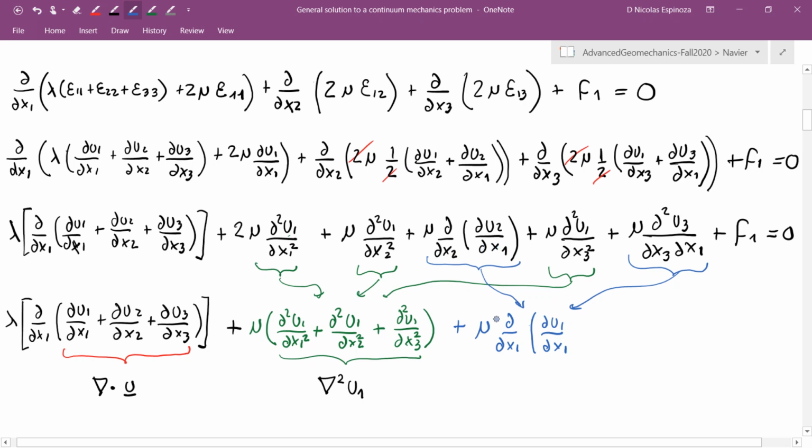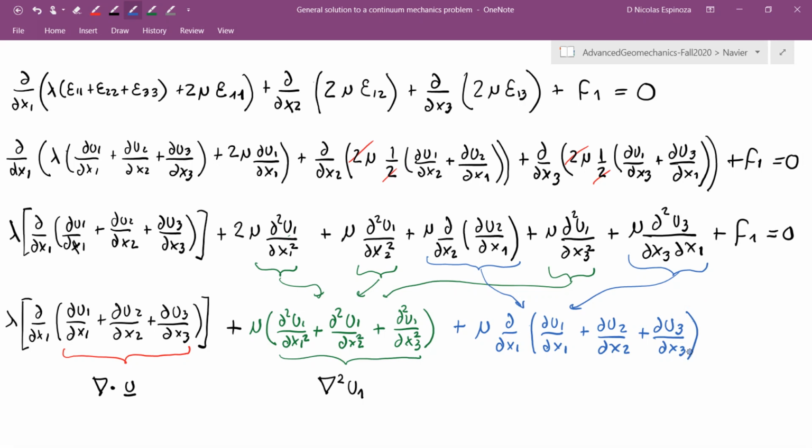So if the dx1 goes first, that's my common factor, the dx2 goes second, this is going to be du2 dx2, and the same thing for the other parameter. And now this is starting to look like something that is easier to understand. And the only thing I'm missing here is f1, but let me also write what this is going to be.